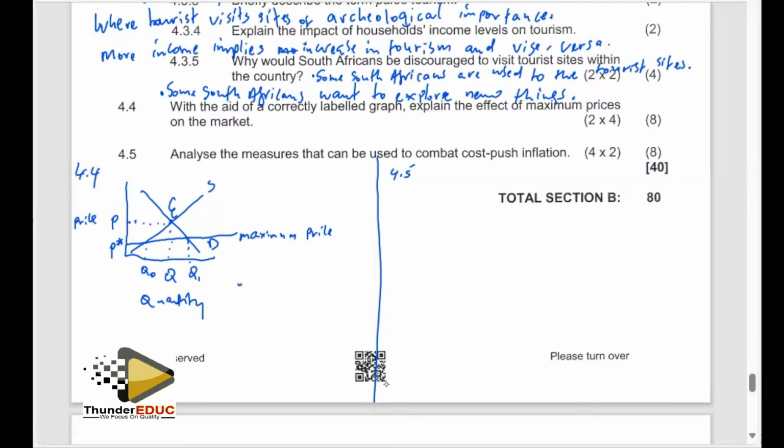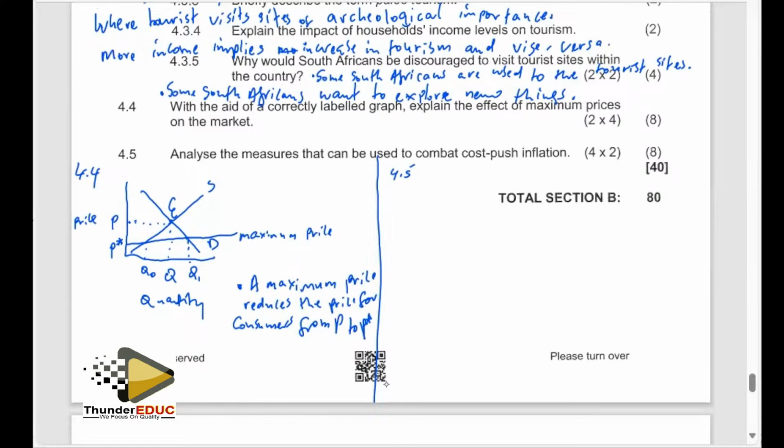Okay, we are saying that the maximum price reduces the price for consumers from P to P star.